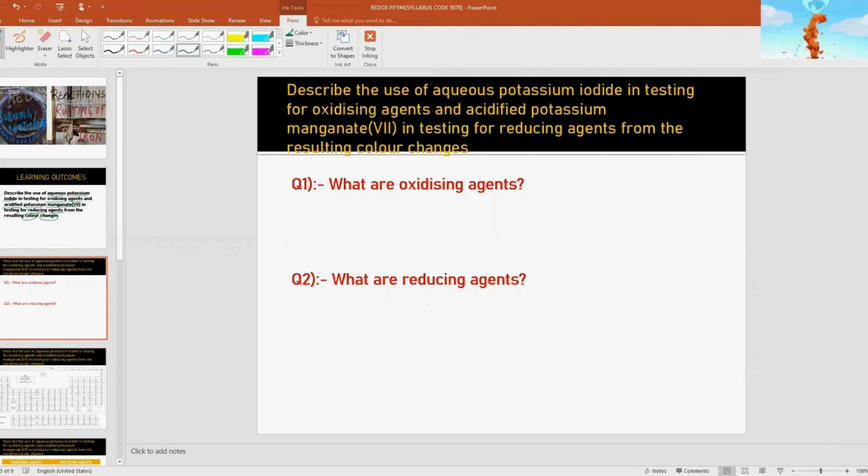What are oxidizing agents? Oxidizing agents are reactants or species that oxidize other reactants or species and are themselves reduced. They are also called oxidants. Let me write.